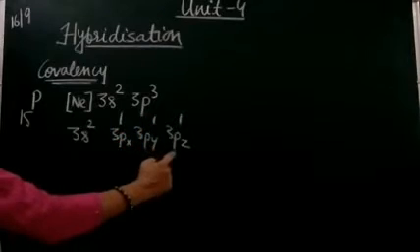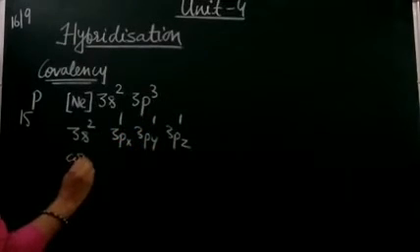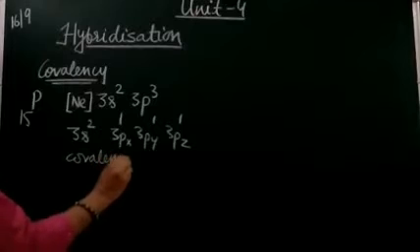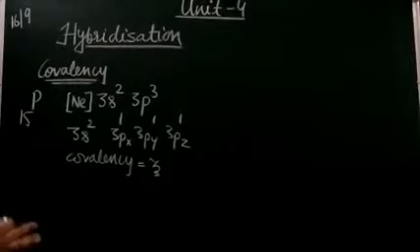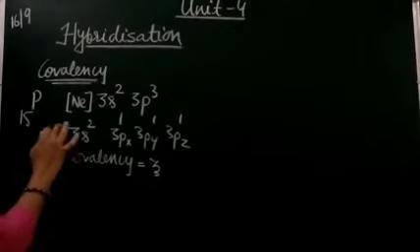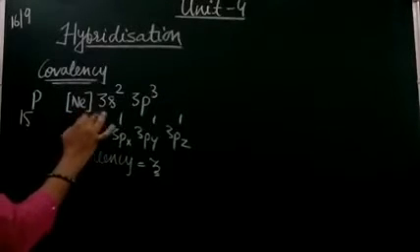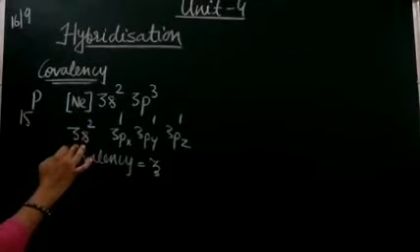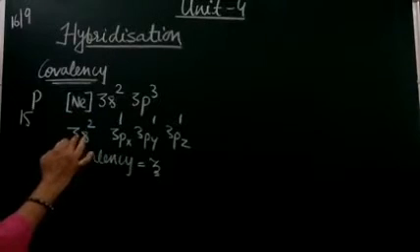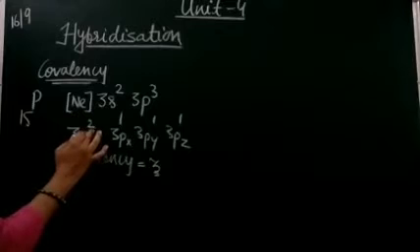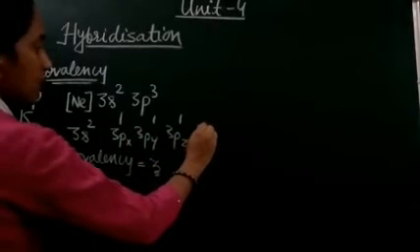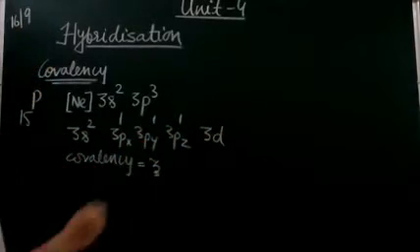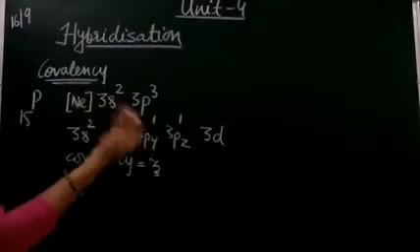And it is half filled. So here the covalency is 3. But it is not restricted to 3, because the completely filled 3s2 orbital also belongs to the valence shell. From here, the excitation of an electron will take place. Since it is the third shell, students, it will have a 3d subshell also, but that will be empty. So what will happen?